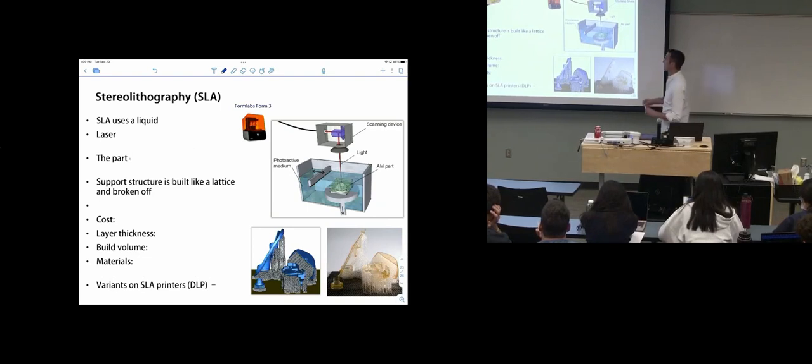The way it works is a part is in a solution of a photoactive resin, and a laser basically cures that resin into a solid on the top of this plate. And then the plate descends downward. So wherever the laser is focused, that's where it's going to create the solid part.